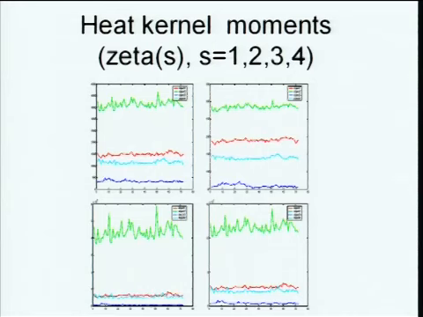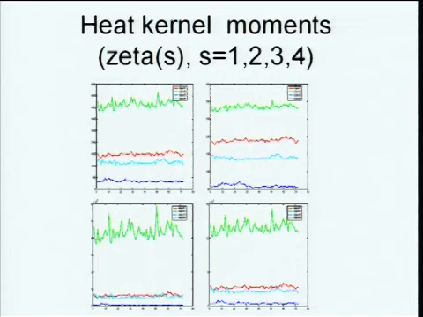So these are the results that I get. Here is the zeta function evaluated at different values of s. I've chosen 1, 2, 3, 4 here. So this is 1, this is 2, this is 3, this is 4. And then what I have are 4 different curves in each plot.